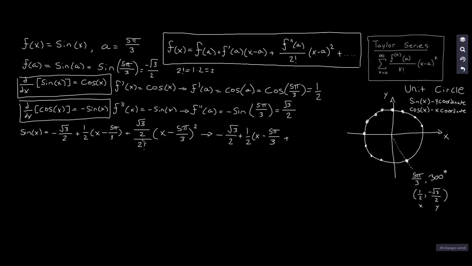So we're just going to have a 2 in the denominator. This is a complex fraction. So if we reciprocate, in the numerator we'll have root 3 over 4, because it's going to be 2 times 2, times x minus 5 pi over 3, raised to the second power. And that's going to be the first 3 terms, but we could continue onward.